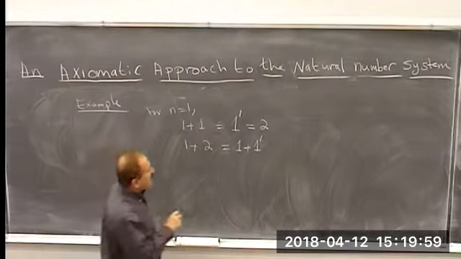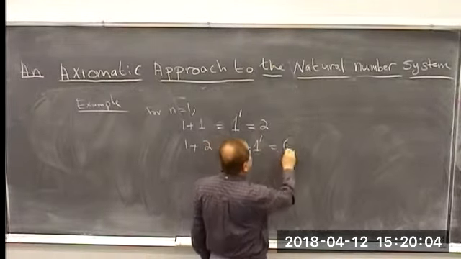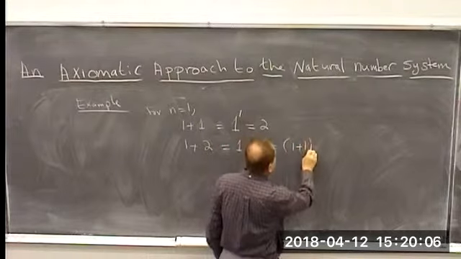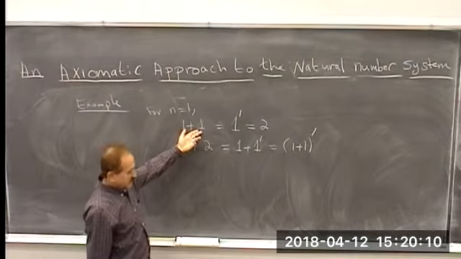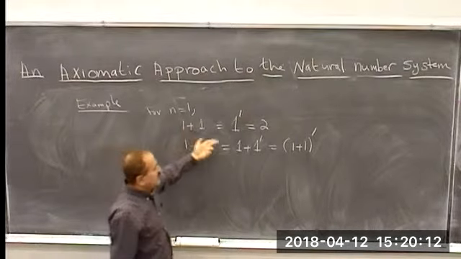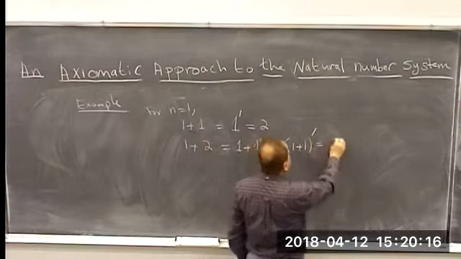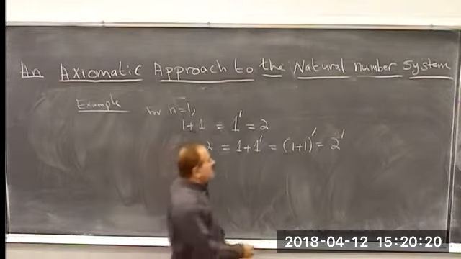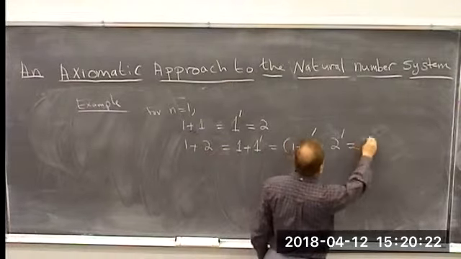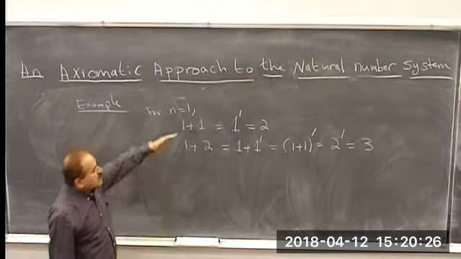Part 2 says this is going to be the successor of 1 plus 1. We already have 1 plus 1, we already defined it. So this is the successor of 2, which we denote by 3. And so on.